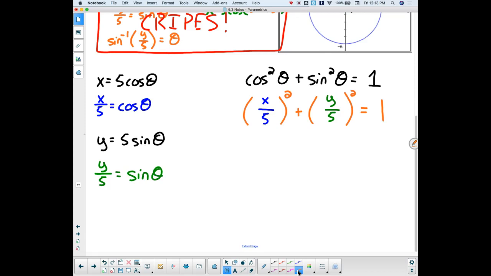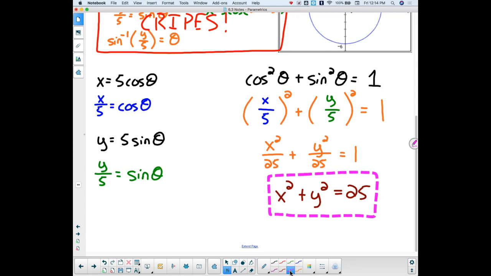This gets me x squared over 25. This gets me y squared over 25. Can I clear up those fractions? Multiply everything by 25. X squared plus y squared equals 25.